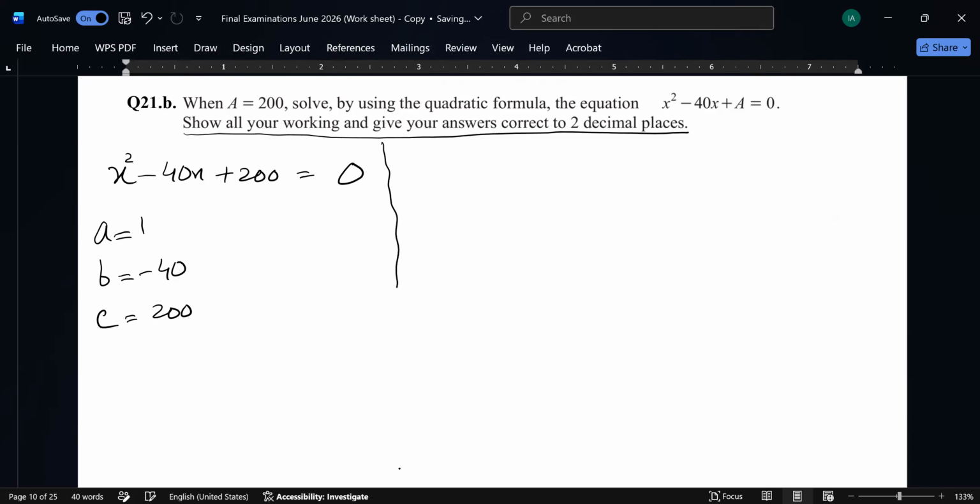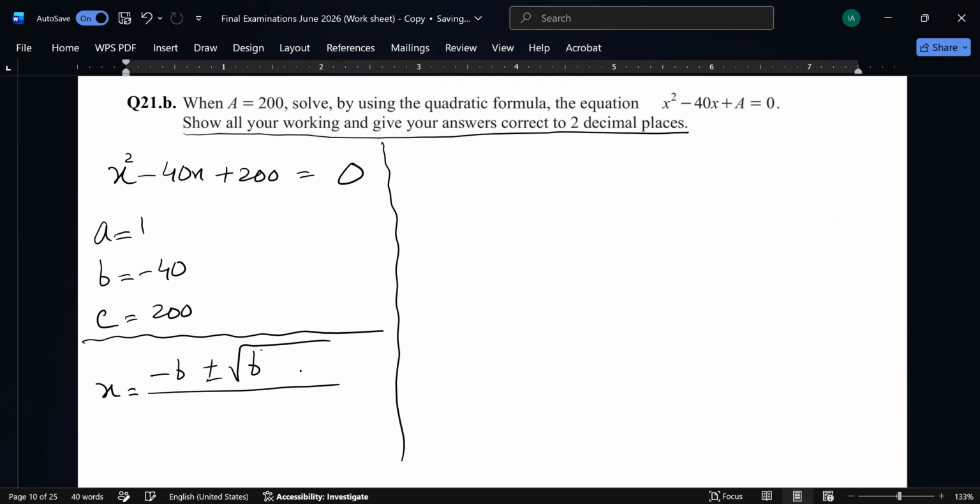Let's use the quadratic formula. And the quadratic formula is x equals minus b plus minus square root b squared minus 4ac upon 2a. Now we substitute the values of a, b, and c in this formula.